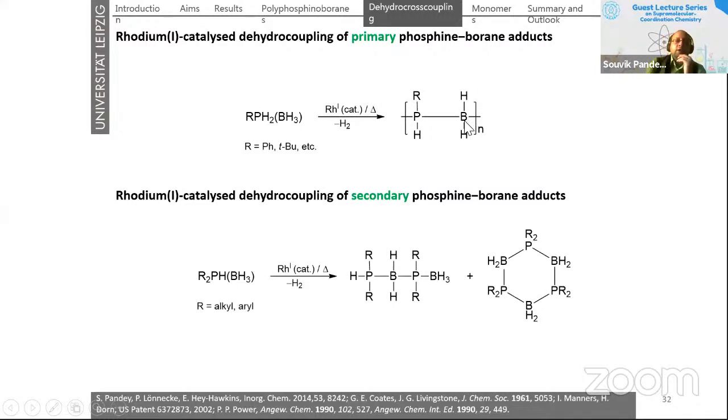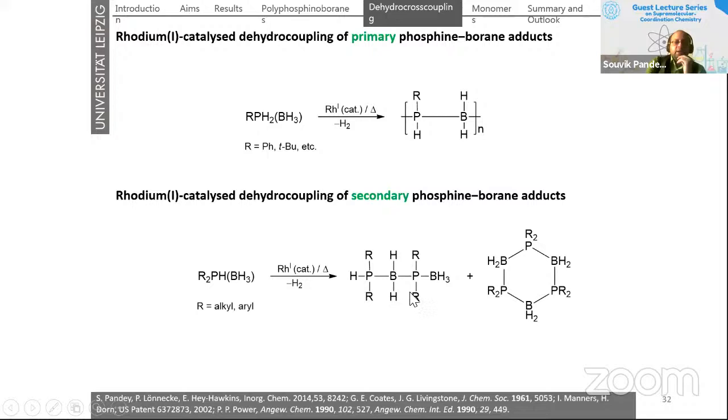But whenever you start with a secondary phosphine, where phosphorus has one hydrogen and two R groups, you will always end up with this dimer, or cyclization happens. Our target was to start with the secondary phosphine borane, because here there are two R groups, so I can introduce two ferrocenes or two different kinds of groups. It can be very interesting.